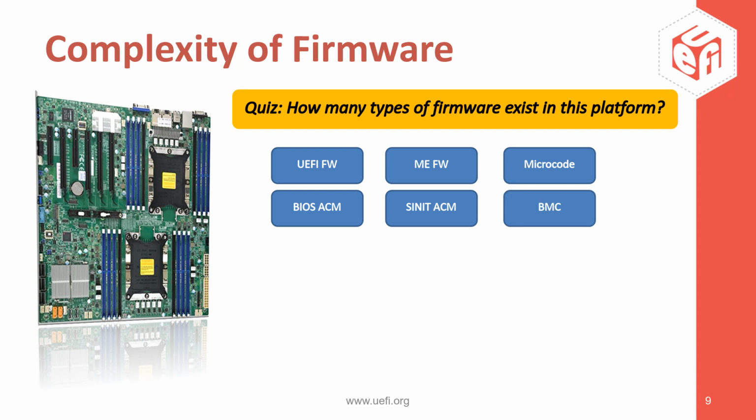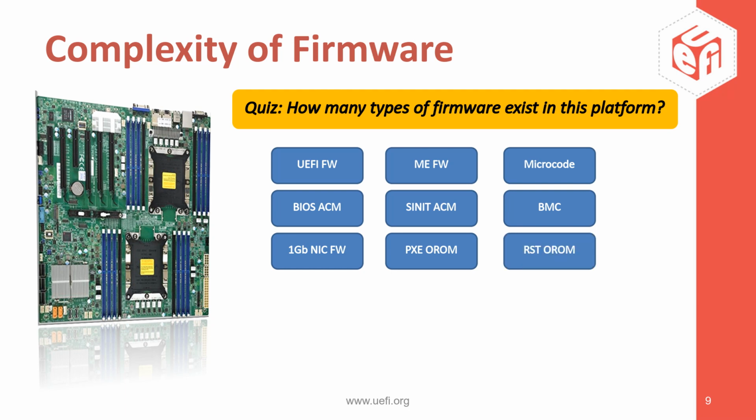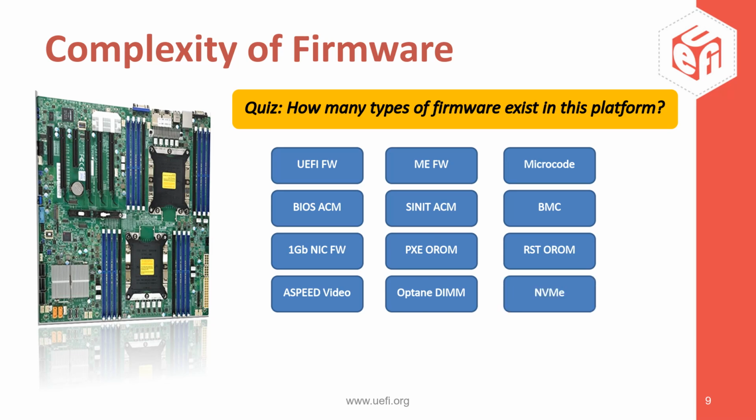We've got BMCs. We've got network controller firmware. We've got PXE option ROMs. We've got RST OROMs. We've got video OROMs. We've got memory code. We have NVMe code. We've got PCIe device code, and the list continues.